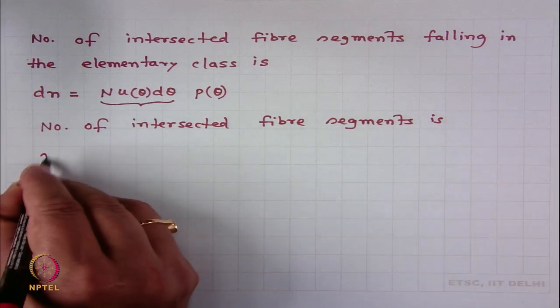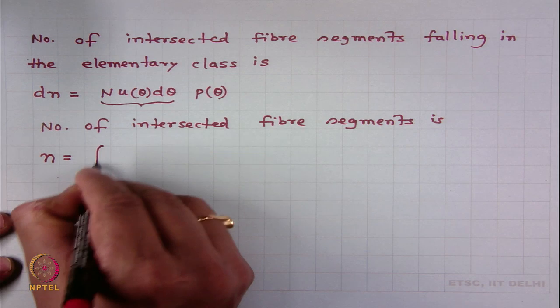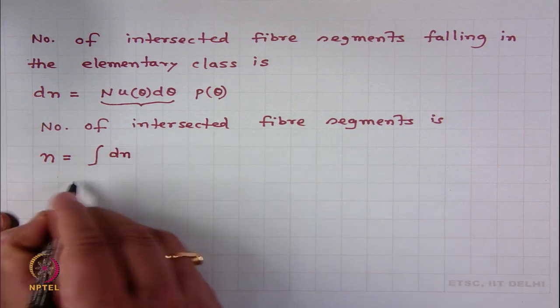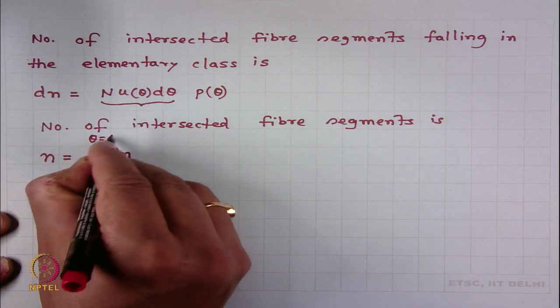N, which is basically the integration of dN when theta is equal to 0 to theta is equal to pi by 2.